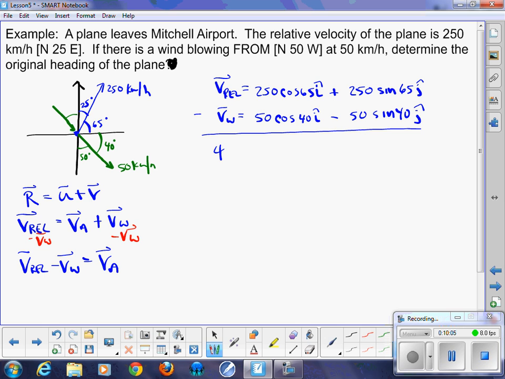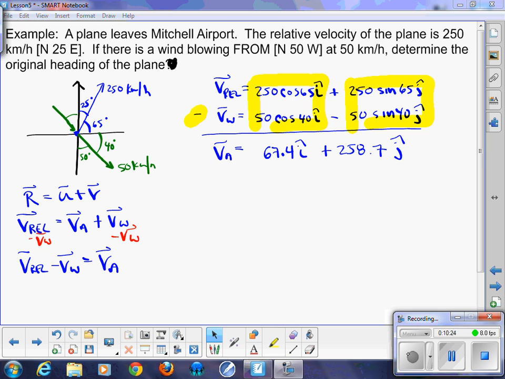Doing our calculations, we can determine our VA, in this case the velocity of the plane. So I'm just going to add those columns, like we did the other day. Just be careful with that sign out front. So with the calculator we get 67.4i plus 258.7j.